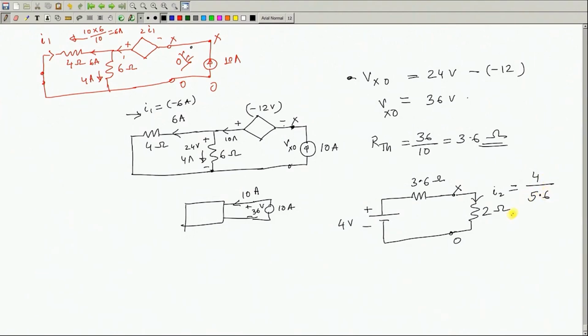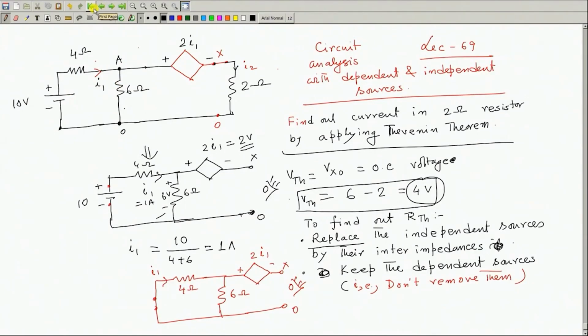So, how much did it come? 5 by 7, no, it is coming same, na? So, 5 by 7 ampere, which is the same as the result we obtained earlier, I 2 in the previous lecture.